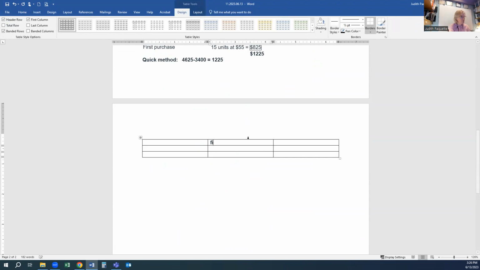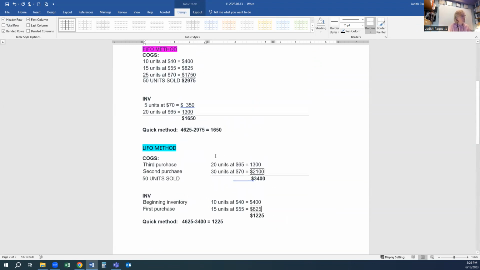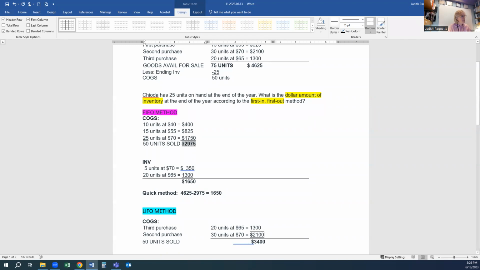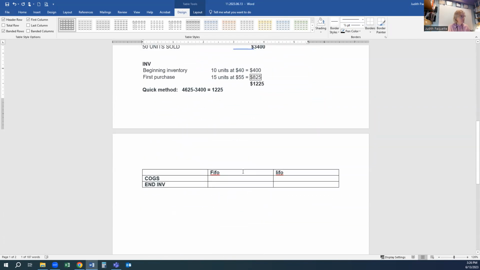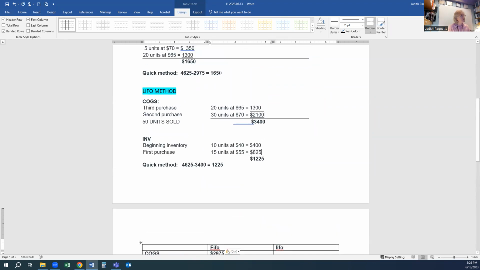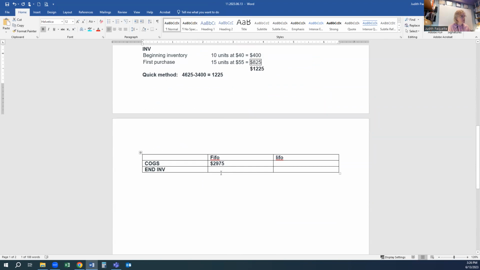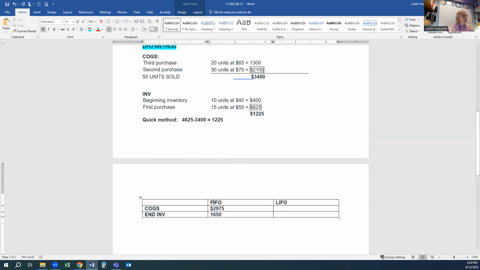Okay, so this is FIFO, this is LIFO. Cost of goods sold, ending inventory. FIFO: 2,975 and ending inventory is 1,650. Using LIFO, it's 3,400 and 1,225.